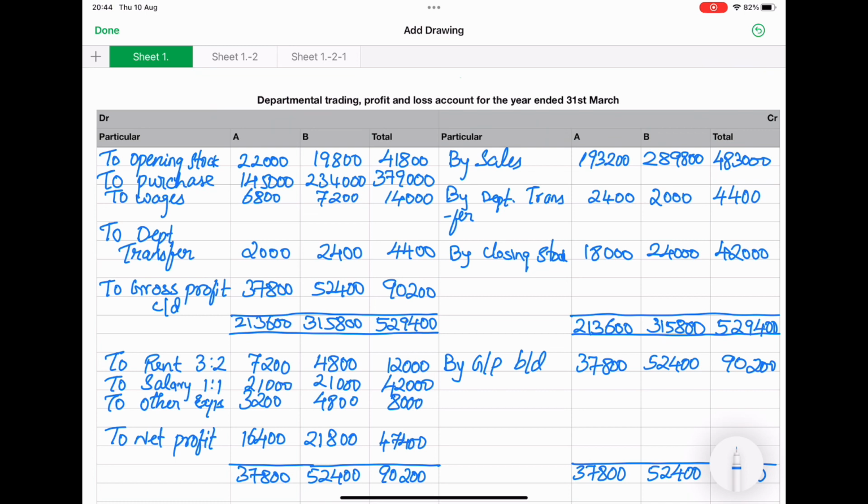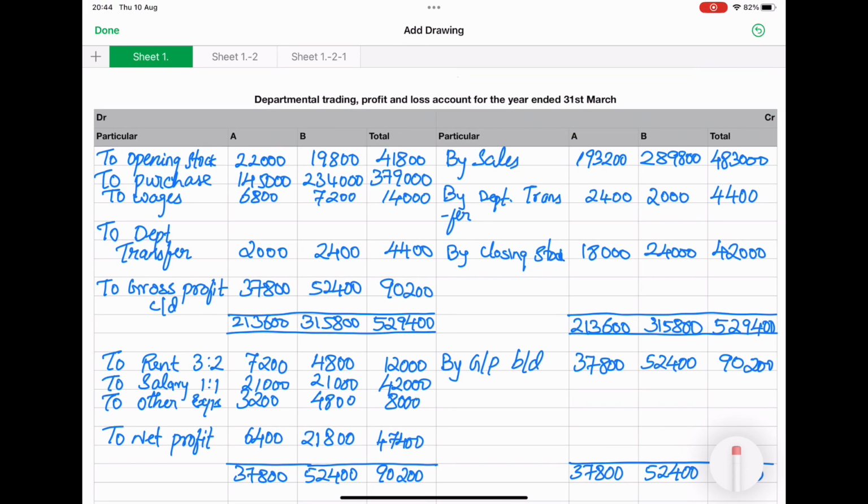37,800 minus 21,000 minus 7,200 minus 3,200. 6,000 only. Okay. 90,200 minus 12,000 minus 50,000.